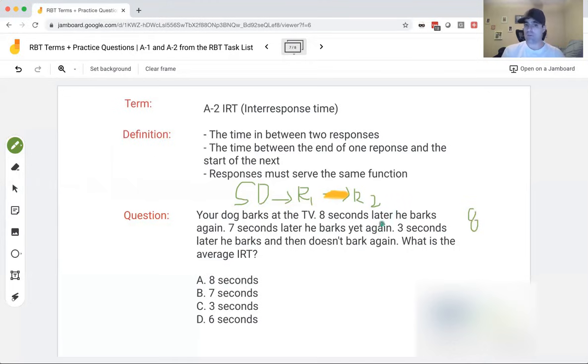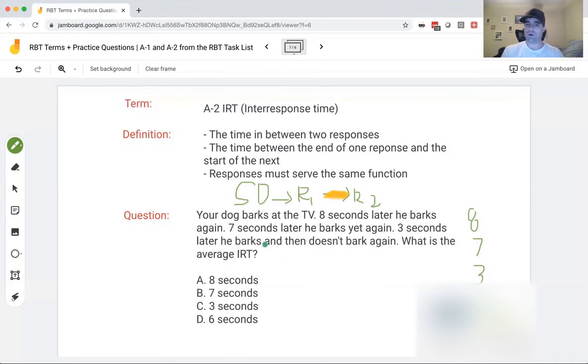So now, time between response 2 and response 3, okay, is what? He barks again. Later, he barks yet again. Time in between response 2 and response 3 is 7 seconds. That's our second IRT. And then what is our third IRT? That's going to be the time between this response and then the last response. That took 3 seconds, okay?